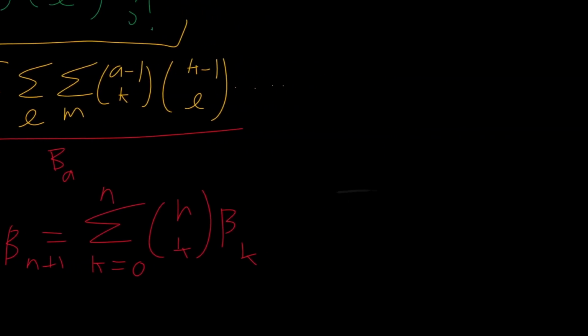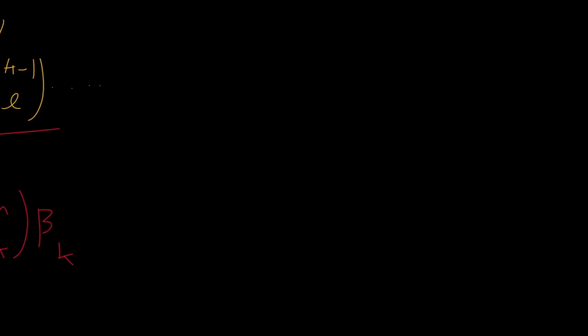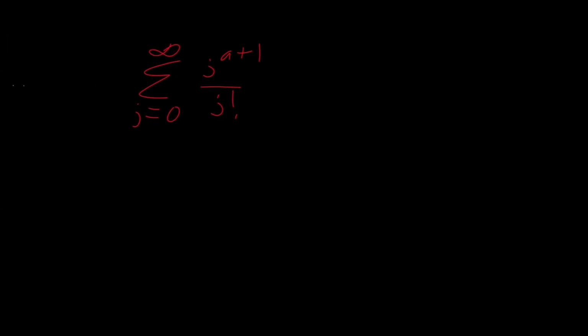So let's go on to the next case. Scrolling on over, let us now consider a similar sum. The sum from j equals 0 to infinity, but this time j to the a plus 1 over j factorial. What does this give us? Well, we know that this is just going to be the sum from j equals 1 to infinity of j to the a over j minus 1 factorial.